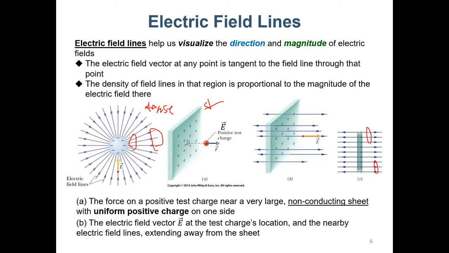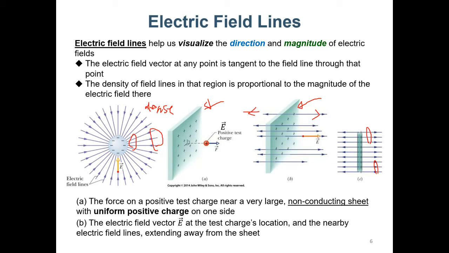And the other point is that this one is a negative charge, so the electric field will point to the negative charge. And here it is a positive charge, so the electric field lines will point outward. For the right side, you point to the right. For the left side, you point to the left.